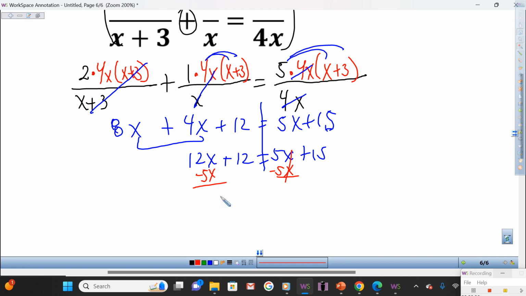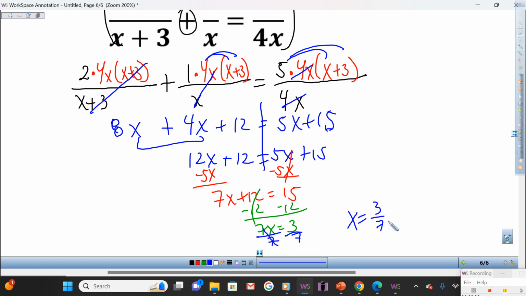Let's go. 7x plus 12 equals 15. And the rest is history, yeah? Minus 12 minus 12. 7x equals 3. Divide by 7. X equals 3 over 7. Hands, have you got that by yourself? Okay. Not bad. Not bad at all.